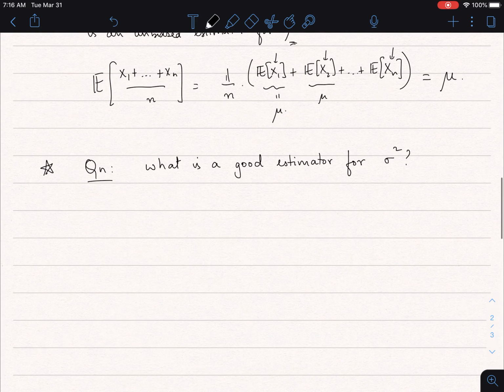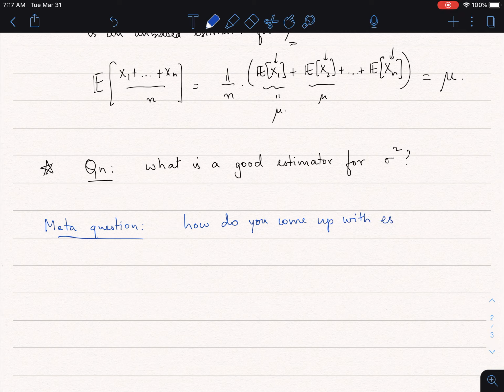What I'd like you to observe here is that you can also view this as an exercise in how you deduce, so there's this meta question: how do you come up with estimators? For the mean, coming up with (x1 + x2 + ... + xn)/n was a reasonable guess.